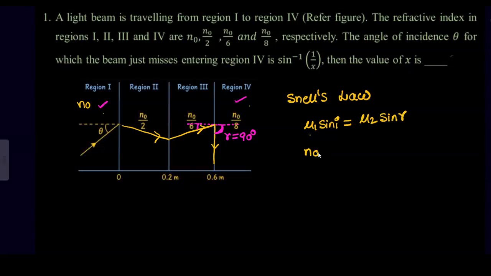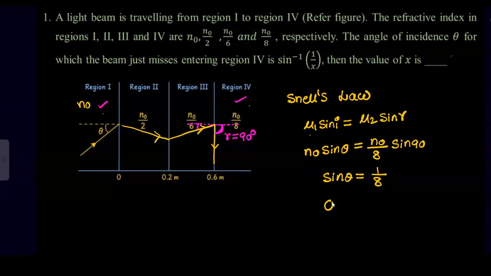Mu1 means n naught into sine theta, which is equal to mu2, n naught by 8, into sine r. r is how much now? 90 degrees. n naught will get cancelled. So sine theta will be 1 by 8. That means theta equals sine inverse of 1 by 8.